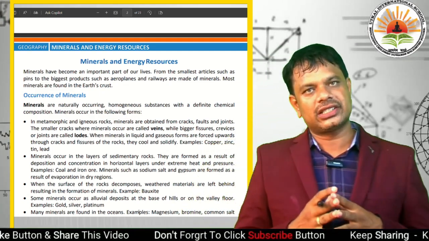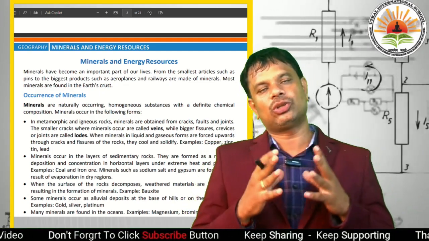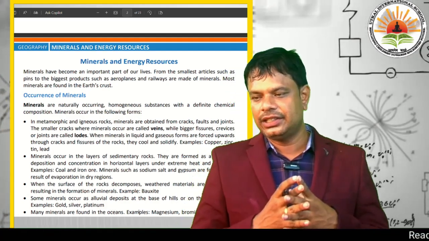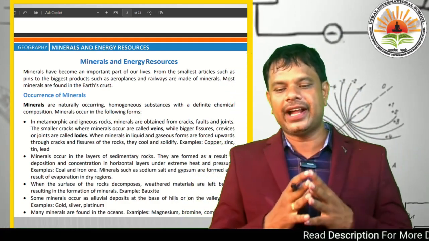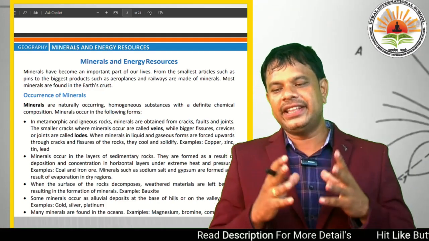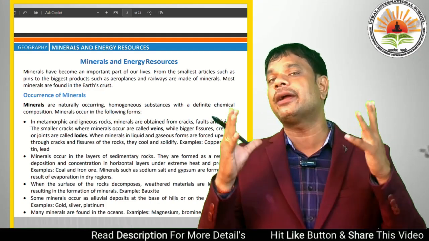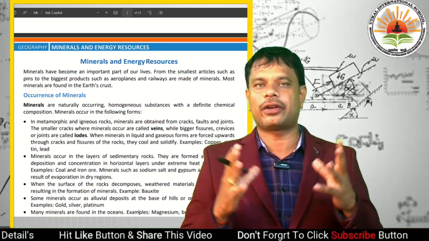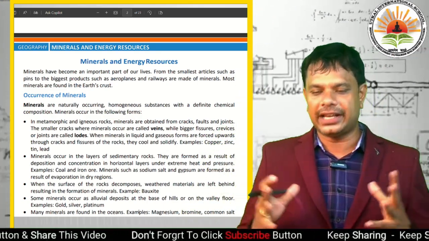So dear students, occurrence of minerals. Minerals are naturally occurring homogeneous substances with a definite chemical composition. A question will arise in your mind: in which forms do we get minerals?